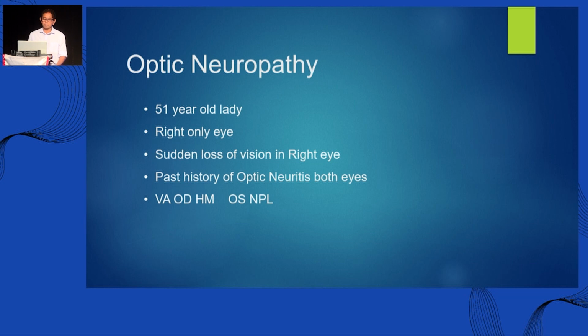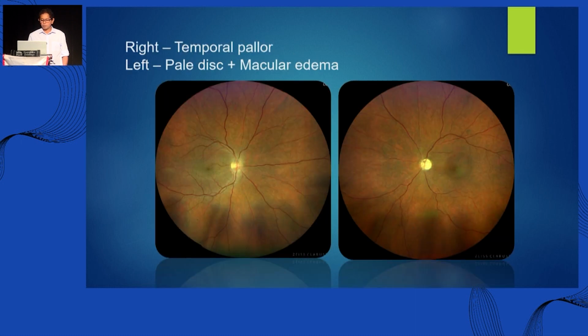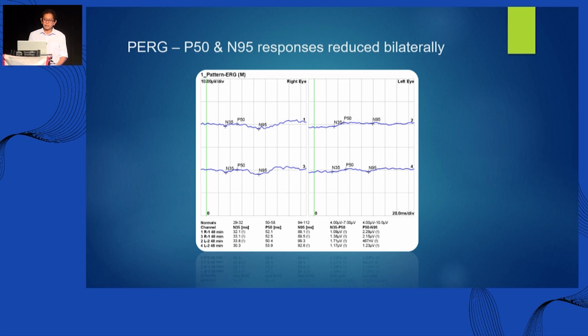So this is a 51-year-old lady with sudden loss of vision in the right eye. There was a history of optic neuritis in both eyes, and the patient came to us with disc pallor. The left eye had a pale disc as well. In the pattern ERG, you can see that P50 is normal.